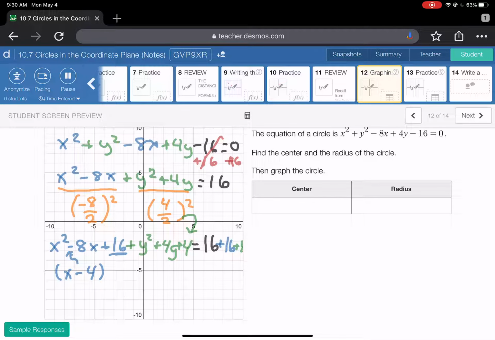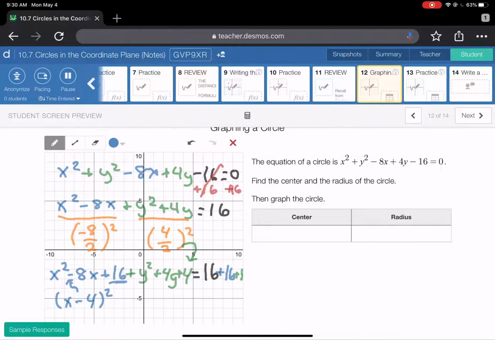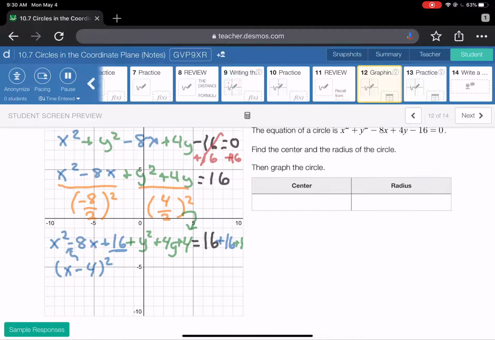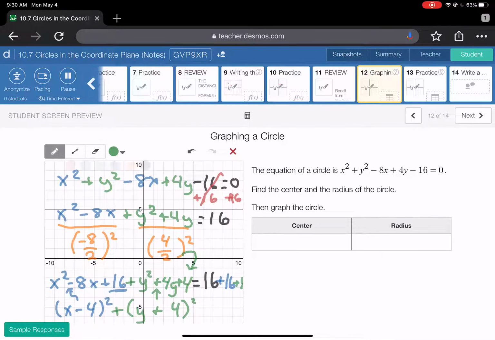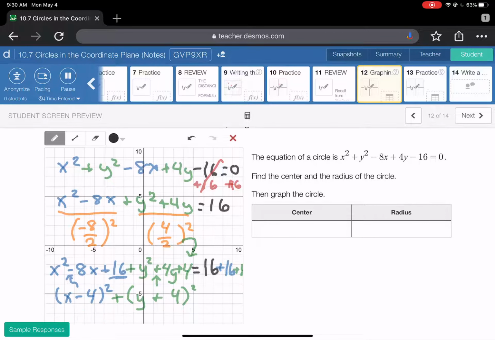So x minus 4 squared plus y. 4 is a perfect square, and because this one is positive, we have plus. And then all those numbers on the right side, I'm just going to add together. That's going to give me 36. 16 plus 16 is 32, plus 4 is 36.